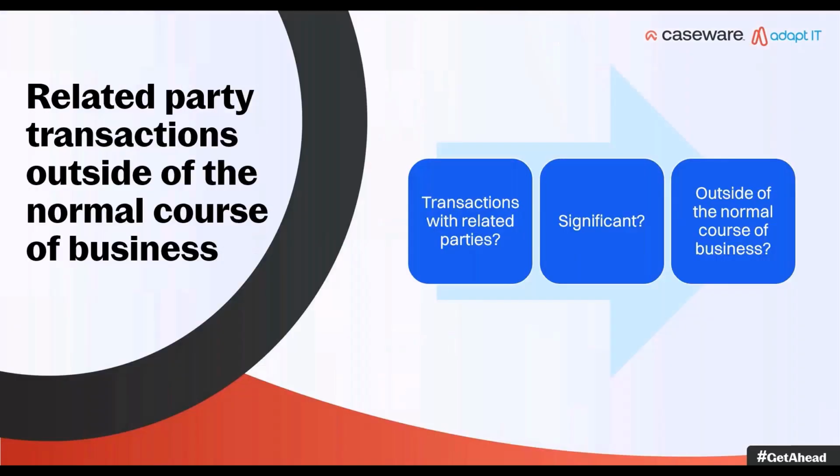So the first one was the financial statement level risk of material misstatement that we dealt with, the management override of controls. The second one we mentioned was the related party transactions outside the normal course of business. So what's the first question? The first hurdle is: does the client have any transactions with related parties?